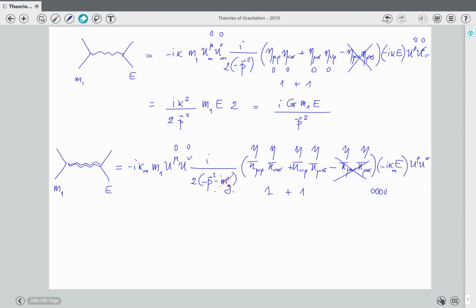Here it doesn't seem to be very different. So you have 1 divided by 2 space p squared, kappa m squared, m1 E times 2.